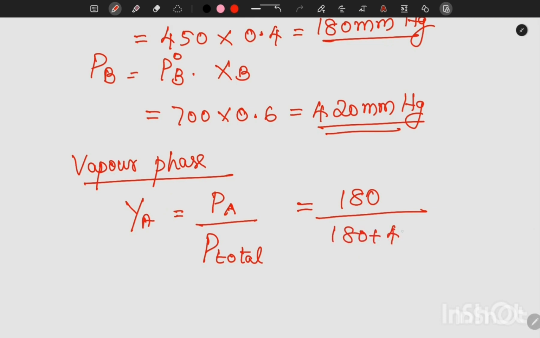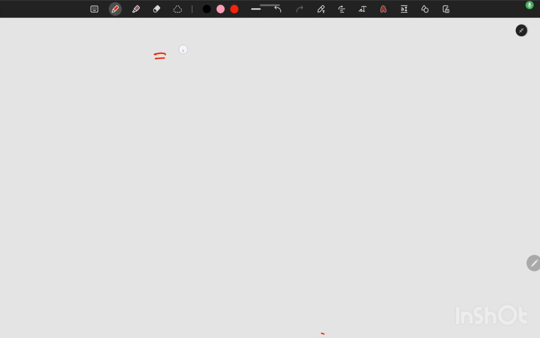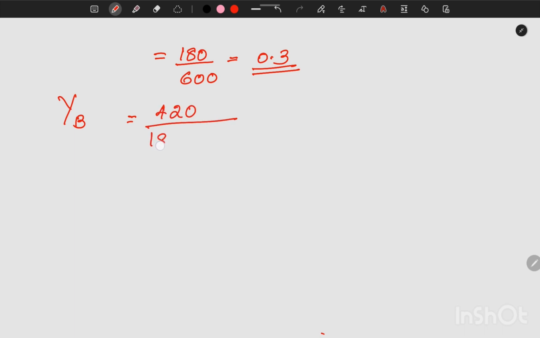So 180 by 600, which is equal to 0.3. Then next component YB is equal to PB by total, that is 420 by 600, which is equal to 0.7.